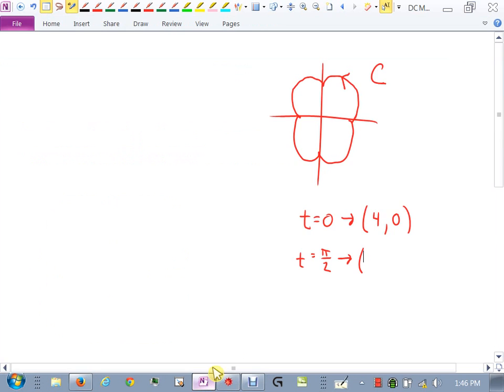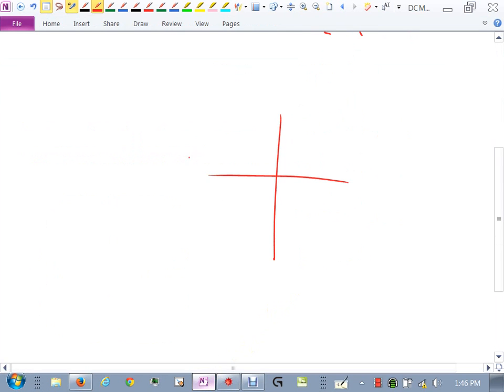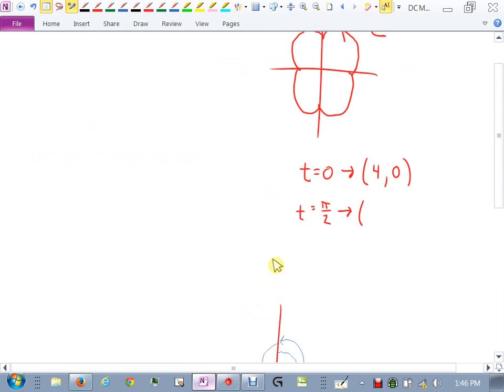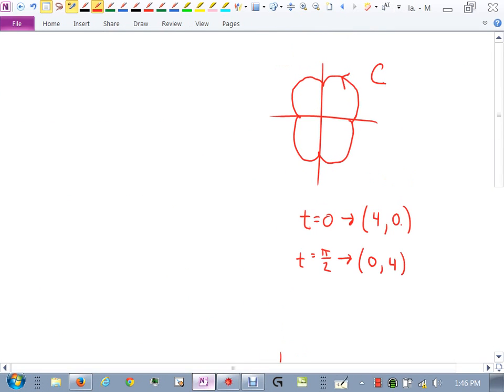Y'all okay? This is pi over 2, 2 pi over 2, 3 pi over 2, 4 pi over 2, 5 pi over 2. Right? So it's 1. So what's the point? Where are we? 0, 4? So we went from here to here.